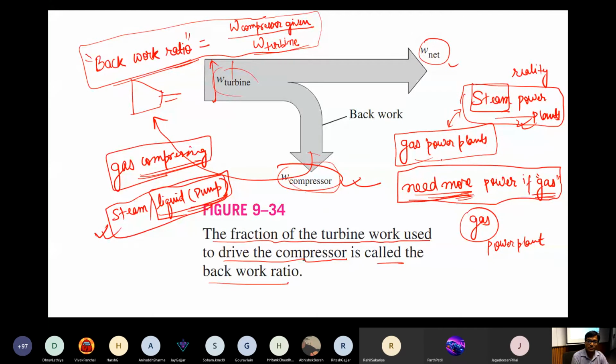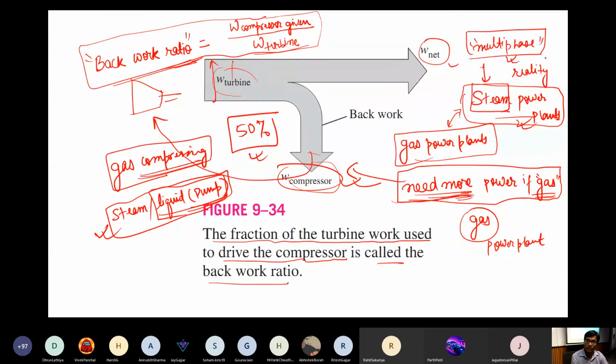So that is why gas power plants need more power, since the back work ratio is higher, close to 50%. So 50% of your overall work is fed to run the compressor in gas power plants, whereas in steam power plants, that we'll see in the next chapter, the working fluid is multi-phase, two-phase.